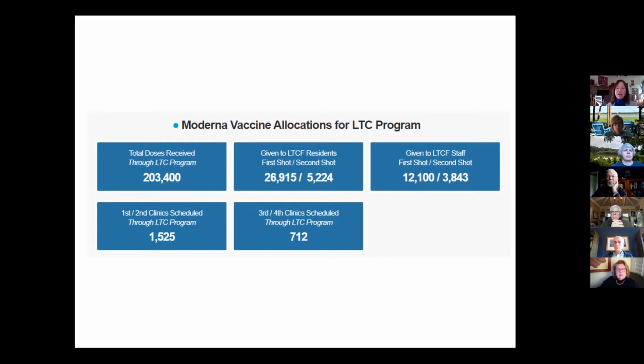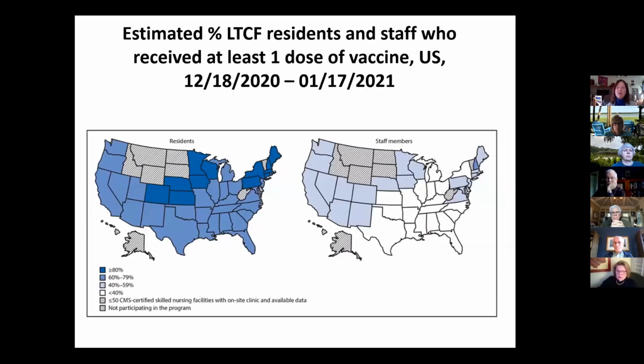There has been remarkable vaccine hesitancy among the workers in long-term care facilities. What these maps show on the left are the percent of persons who are residents in long-term care facilities who have received at least 1 dose of vaccine. You can see in South Carolina, that's between 60 to 79%. On the right are the percentage of staff members who have received at least 1 dose of vaccine. In South Carolina, that's fewer than 40%.